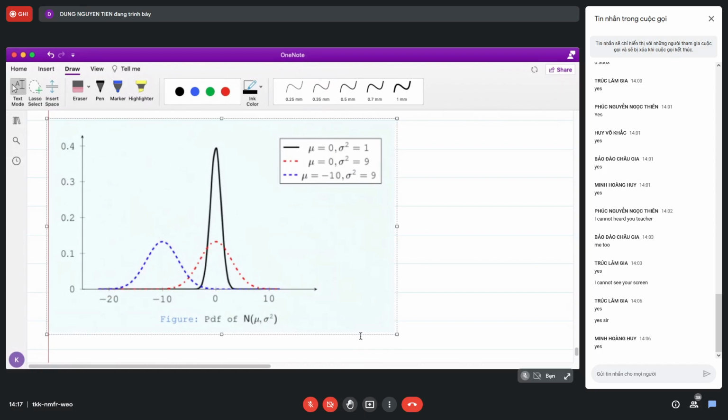If the mean is 0 and the variance is 9, then you get the flatter distribution, right? The variation of the normal distribution is bigger because the variance is greater. And for the blue one, the mean is minus 10 and the variance is 9. It's the same as the variance of the red one. So you see that they have the same shape, right? But at different locations.